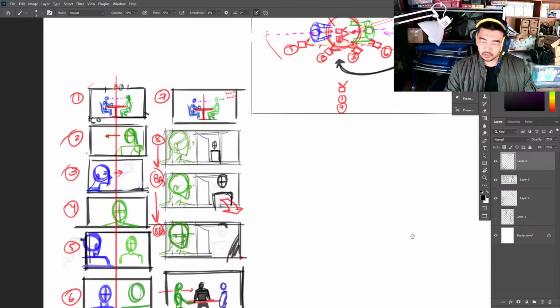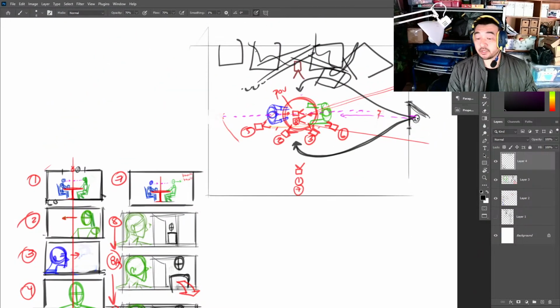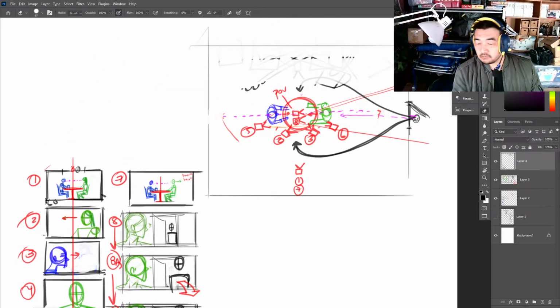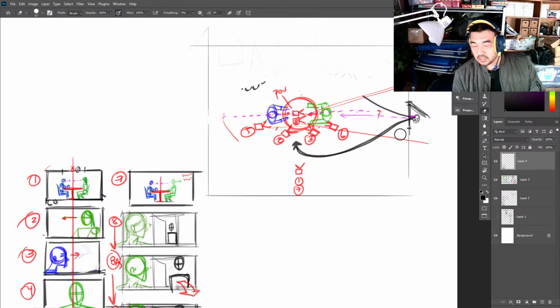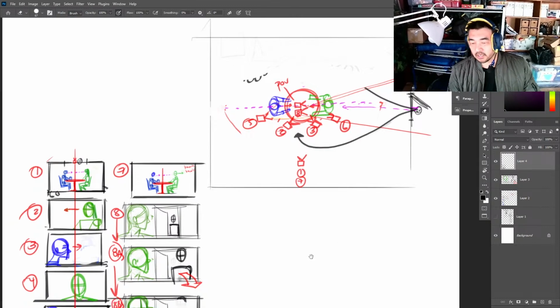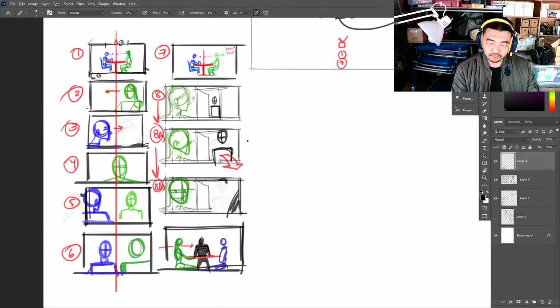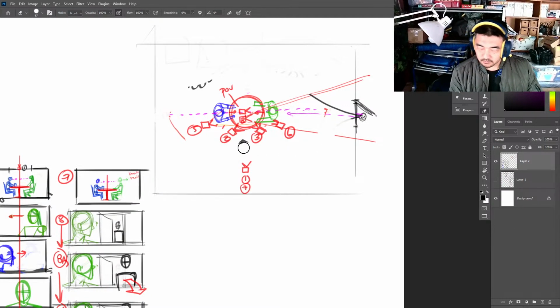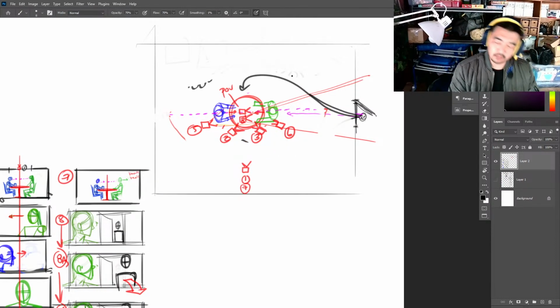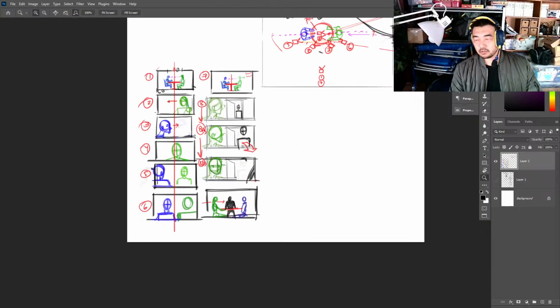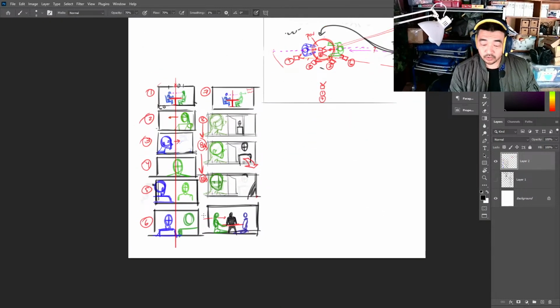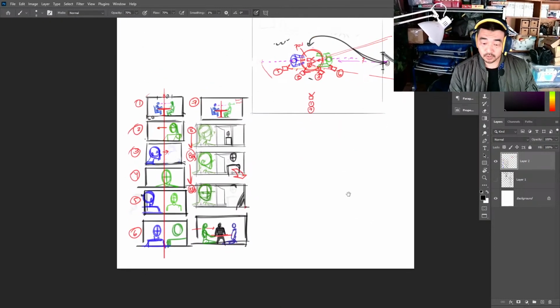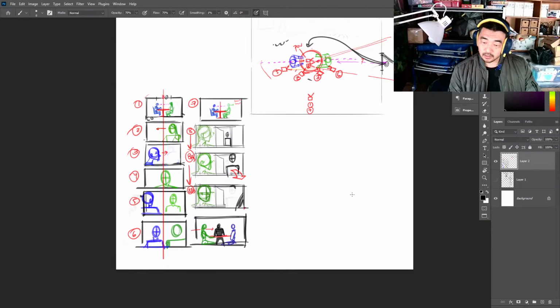So it'd be a better choice to not cross the line and just have the person come right there. But I'm just showing you this is how you can cross the line if you wanted. Any questions?